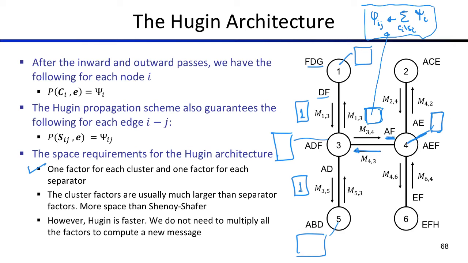And that is actually the message, right? Because it does not incorporate the message that went from 3 to 4. It's the same thing as the message. The message is computed from here by doing a division by the psi ij old that was basically 1. So this is actually the message for this case here.